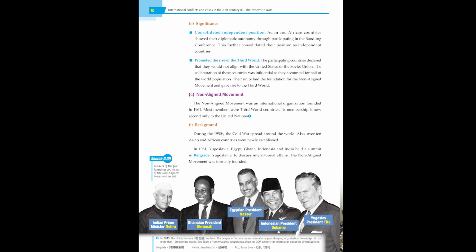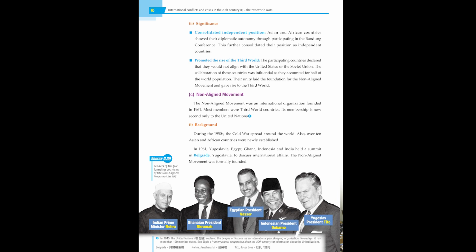Also, over 10 Asian and African countries were newly established. In 1961, Yugoslavia, Egypt, Ghana, Indonesia, and India held a summit in Belgrade, Yugoslavia, to discuss international affairs. The non-aligned movement was formally founded.